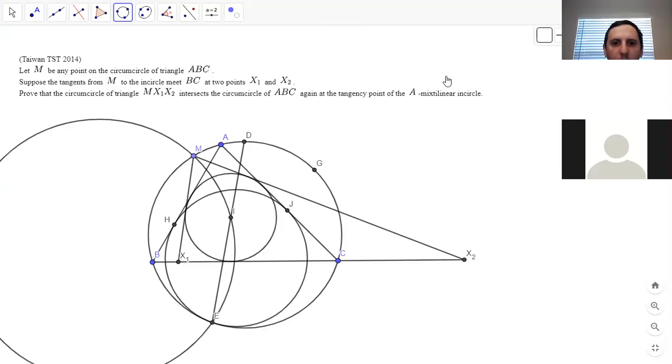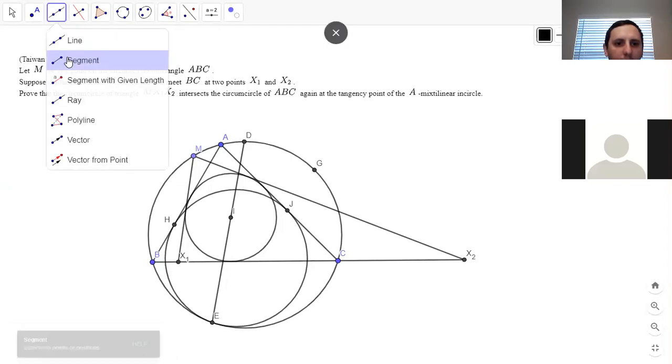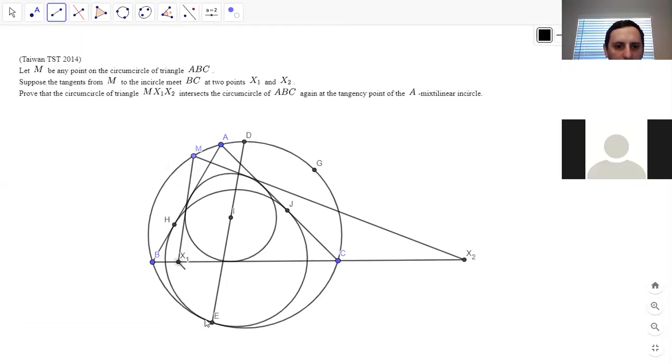Let's see. Could I join EX2? Yeah, I could draw those two segments, EX1 and EX2. Oh, maybe Poncelet's porism might help.